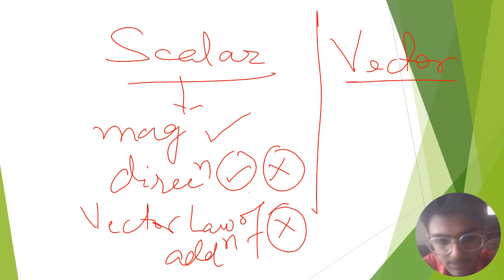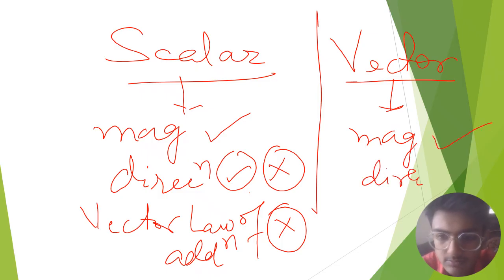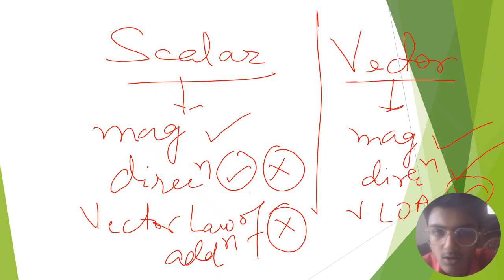It follows simple algebraic or scalar law of addition, that is simple algebraic addition what you do. And a vector has magnitude, direction, and it also follows vector law of addition. Okay, so there's a simple distinguishing factor between scalar and vector.